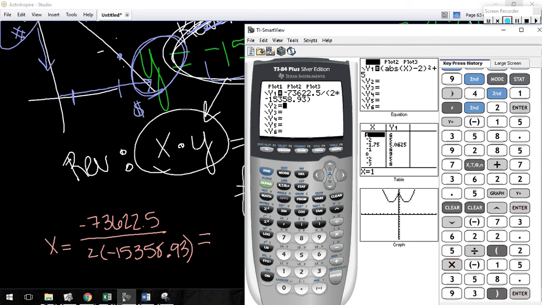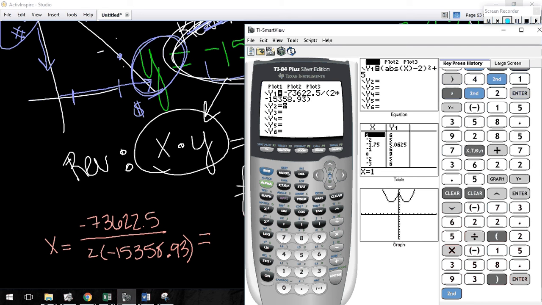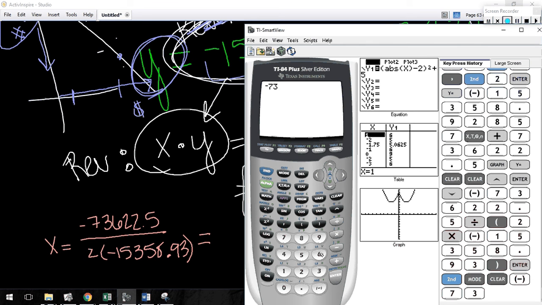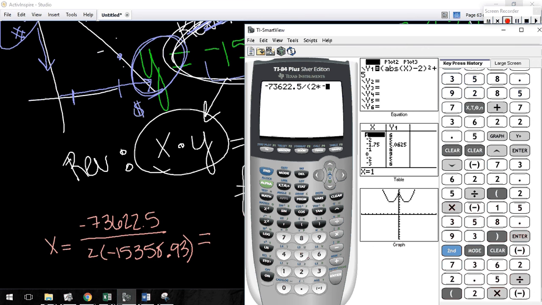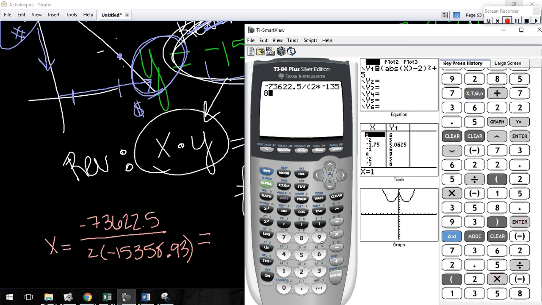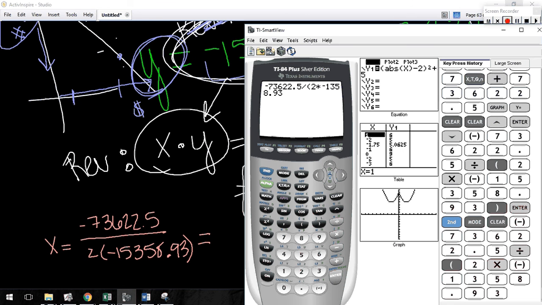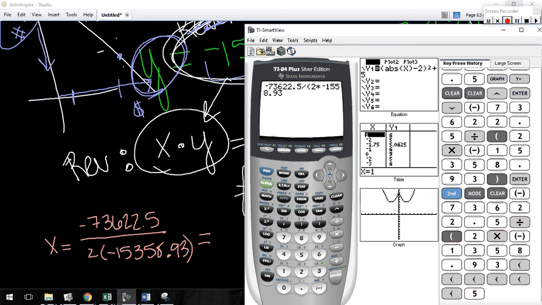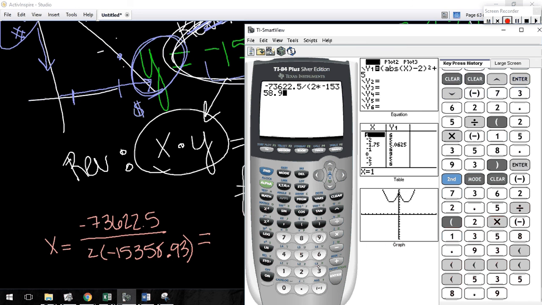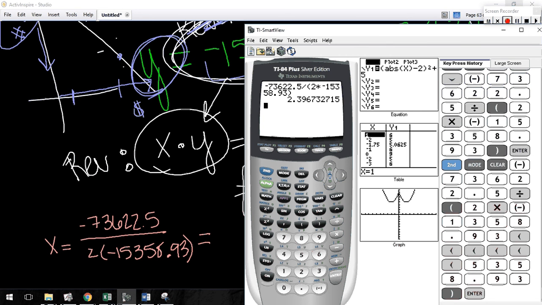Oh, why am I doing that in there? Y'all gonna beat me because I was putting it in the wrong place. Bless you. Oh my goodness, 135. 153. 58.93.